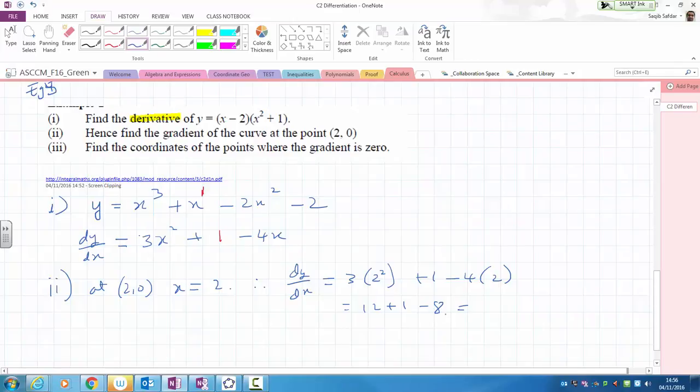That gives us 5. And so the gradient at that point is 5.